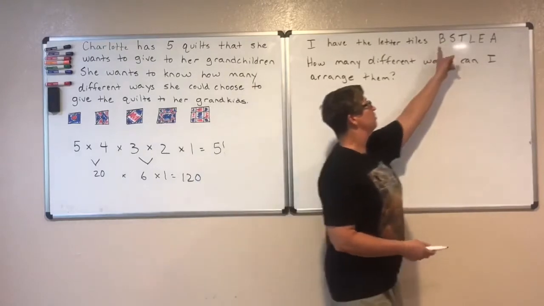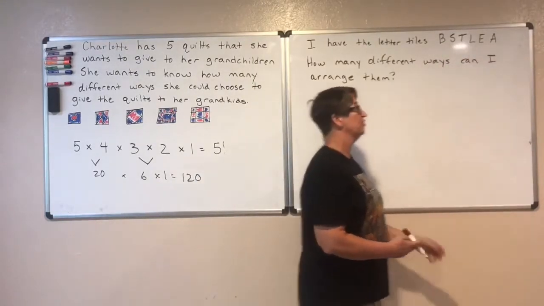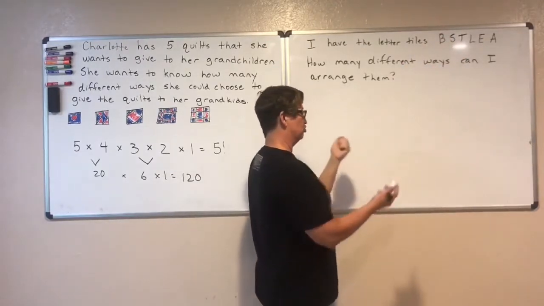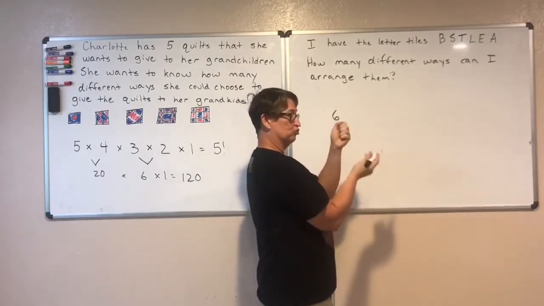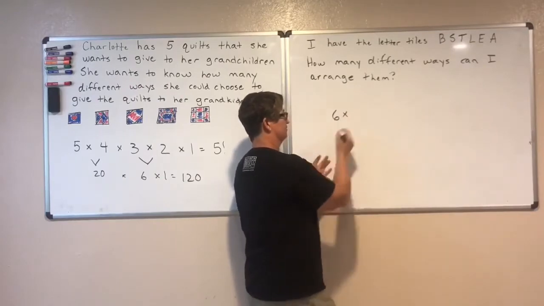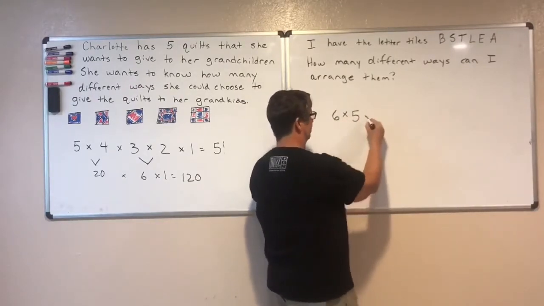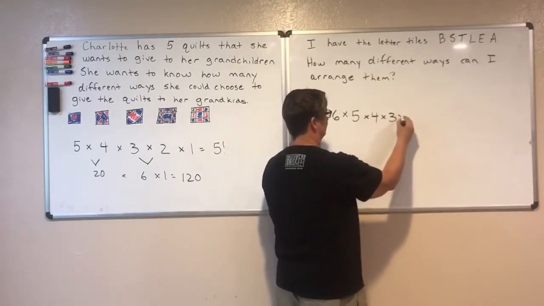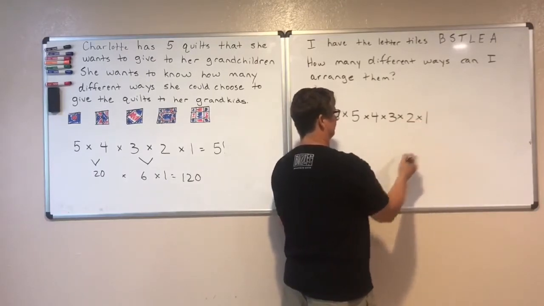Well, I have 1, 2, 3, 4, 5, 6 letters. So the first one I have 6 choices. I could choose from any of those 6. Well, after I choose one of those 6, then I only have 5 letters left. Once I choose one of those letters, I only have 4 letters left, and then I have 3 letters left, and then I have 2 letters left, and I have 1 letter left.